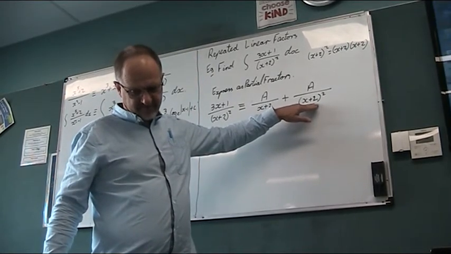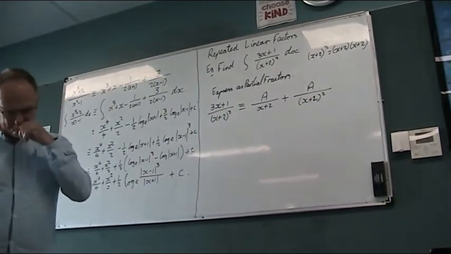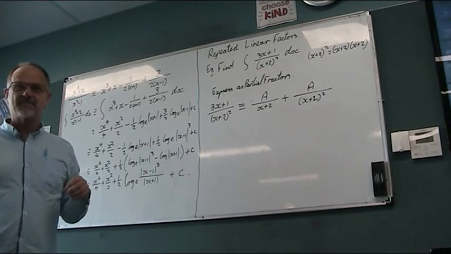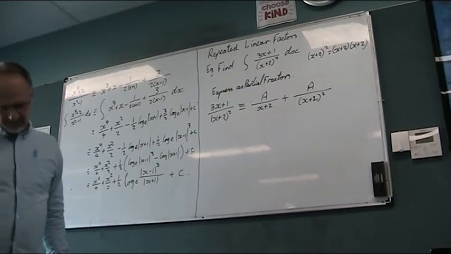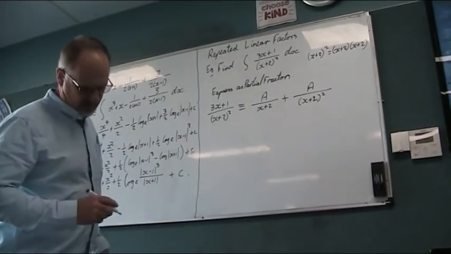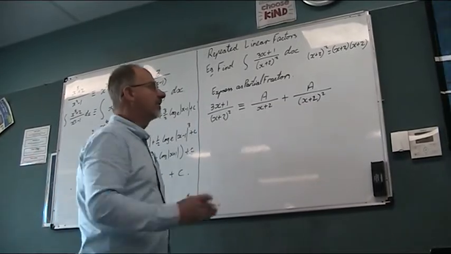All right, and so then we do partial fractions. Want me to do that one by hand, or are you happy with the calculator? Happy with the calculator? All right, so if we use the calculator... Sorry, it's meant to be B, yep.